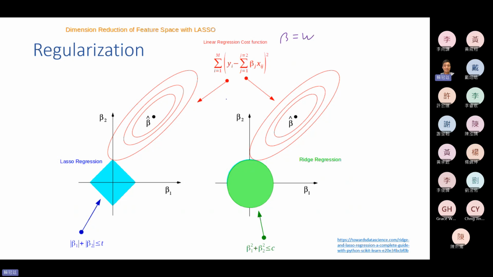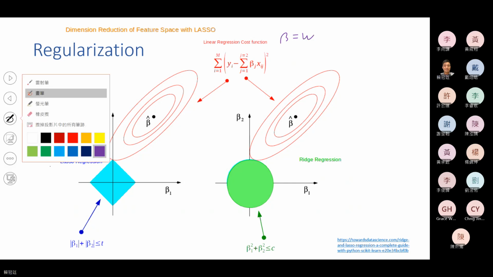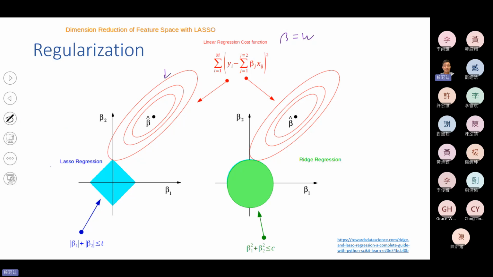For those circles, they have the same error, the same cost. Suppose this one will have cost 1. So the whole circle will have the same cost.